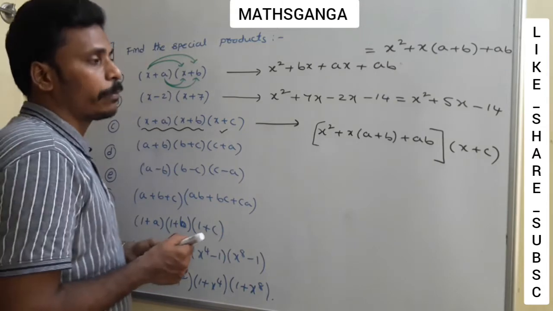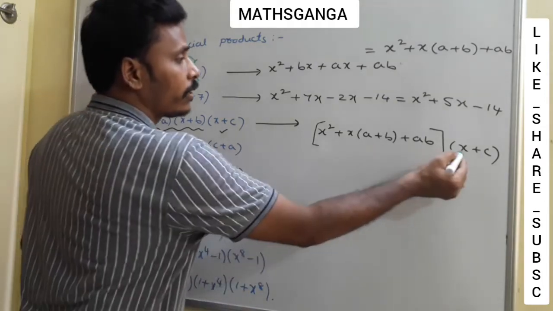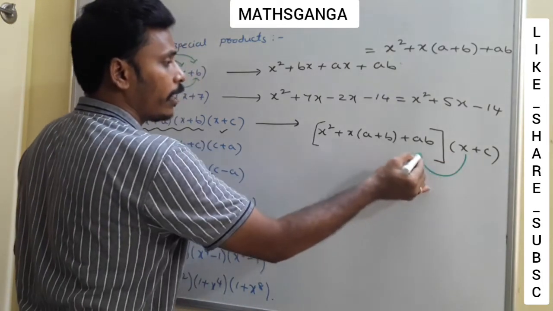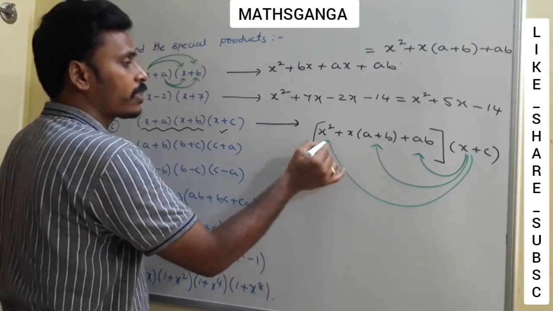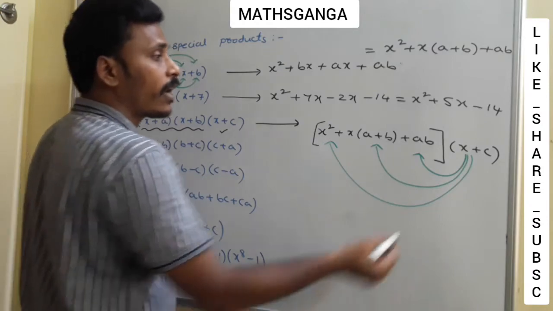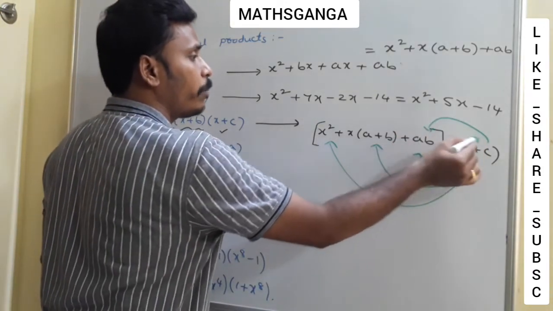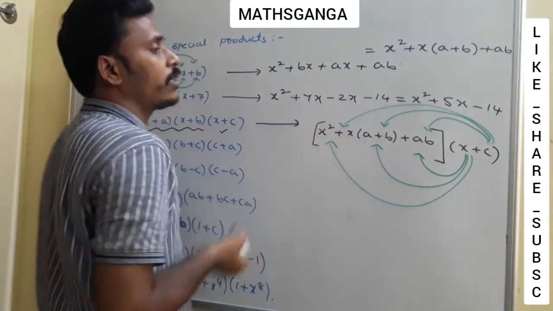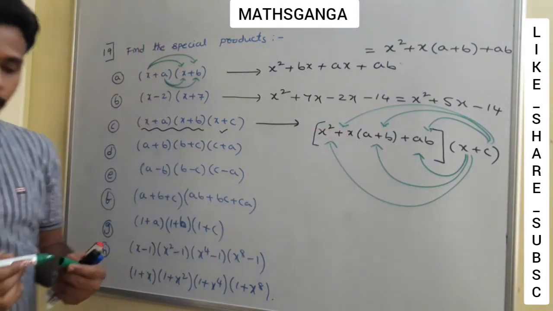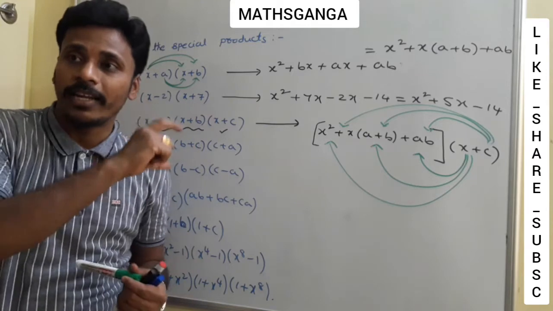With this x, a plus b, with this x times of a plus b, with this x square. On the other hand, with this c, this ab, with this c, this x times of a plus b, with this c, this x square. Like that I need to multiply. I will give you the format, the result, at the end.